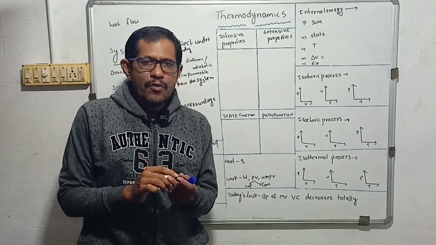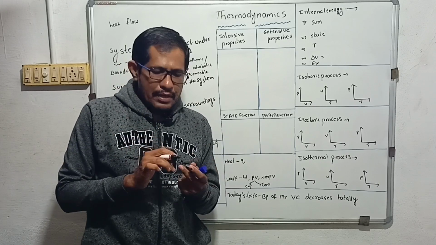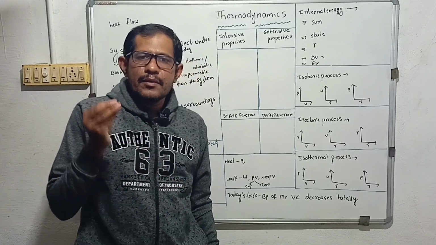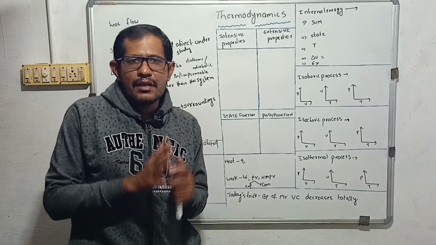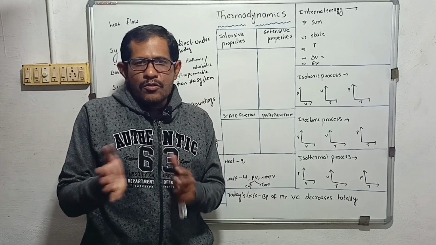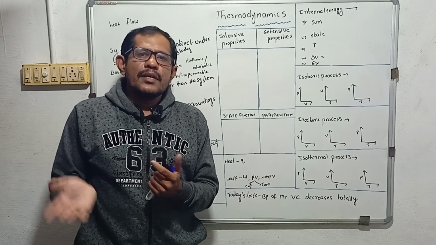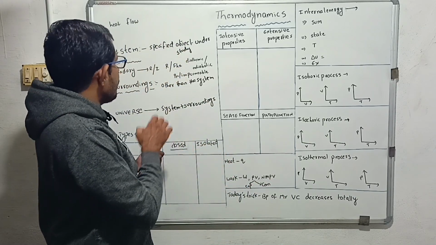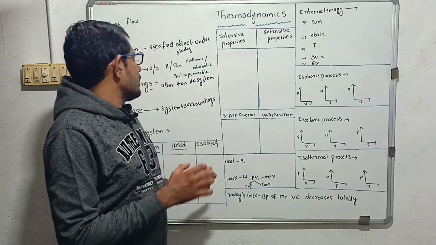The boundary separates the system and surroundings. The boundary may be real or imaginary, permeable, which allows passage from one side to another, or impermeable.